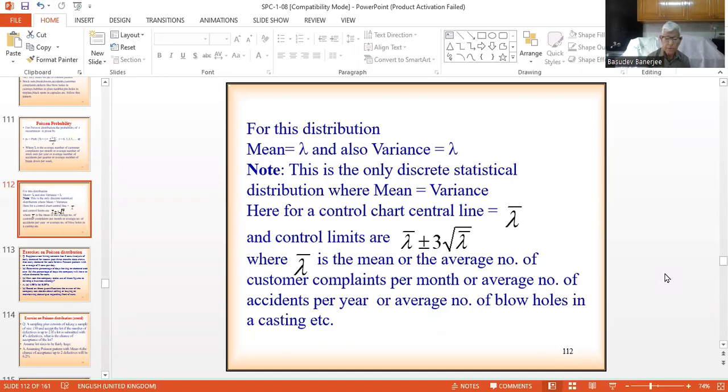That is how we calculated our limits in the last session, and we also homogenized the data to find the homogenized average and control limits for future controls. So this is the applicability of the Poisson distribution. These are the two discrete statistical distributions we wanted to cover.